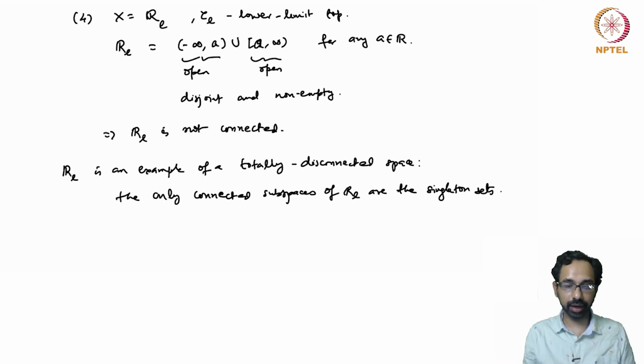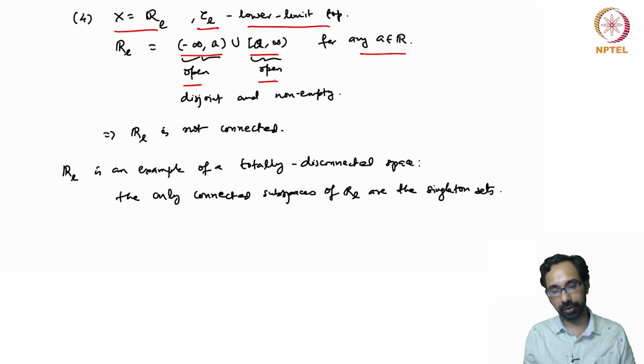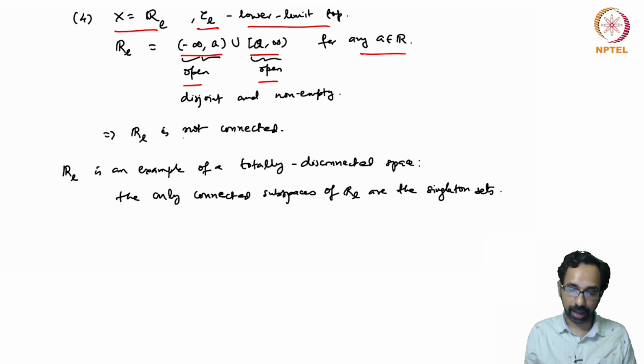Now for yet another example, take X to be R with the lower limit topology. So tau L is the lower limit topology on R, but R_L can be written as the union of two sets (-∞, a) union [a, ∞) for any real number a, and both these sets are open in the lower limit topology, as we know, and they are disjoint and of course non-empty.